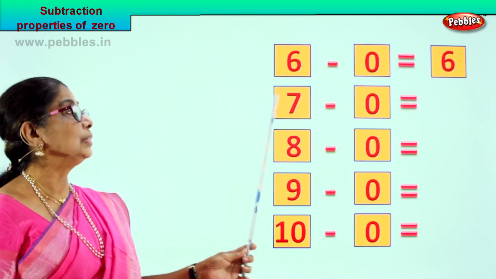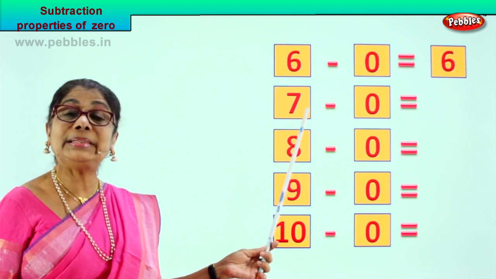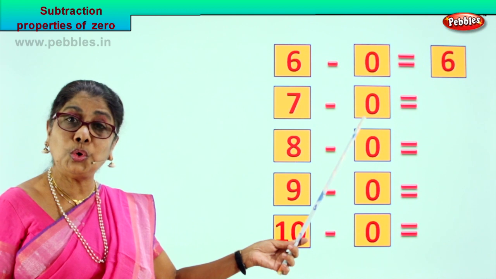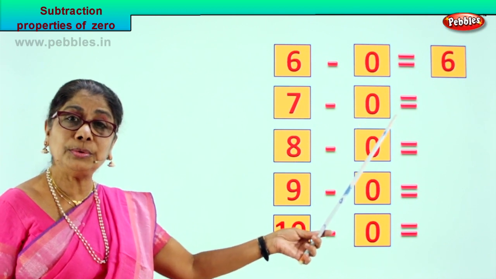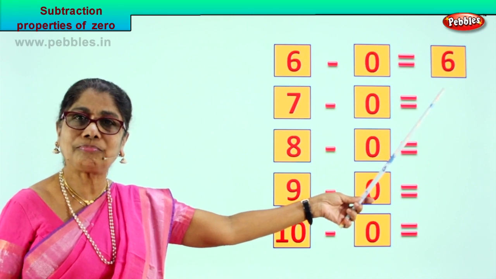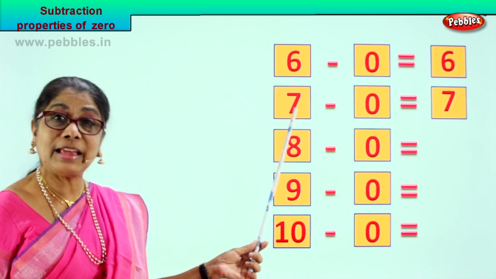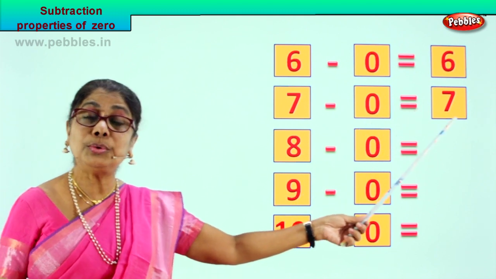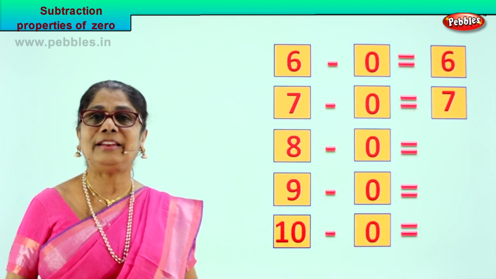Let's go to the second number. Number 7 minus 0 is equal to number 7 itself. Look again. Number 7 minus 0 is equal to number 7 itself.